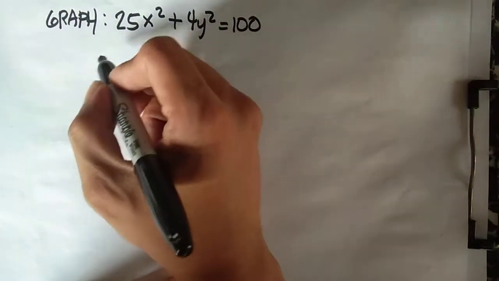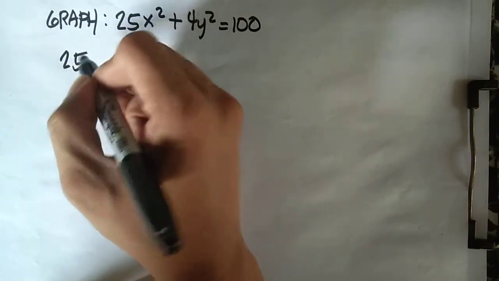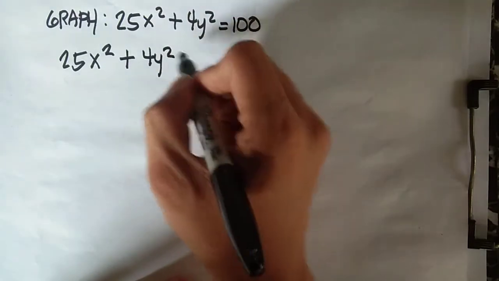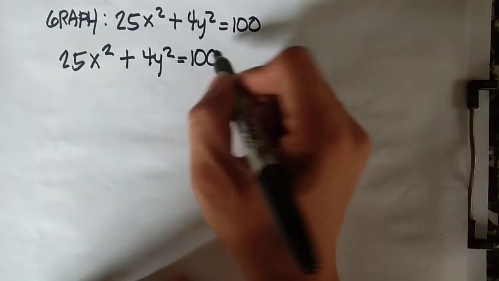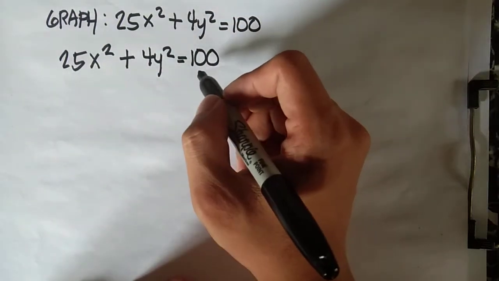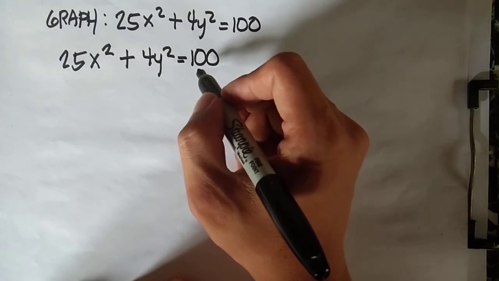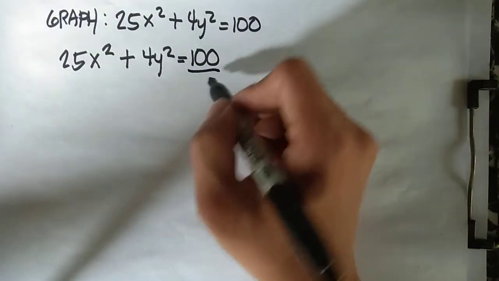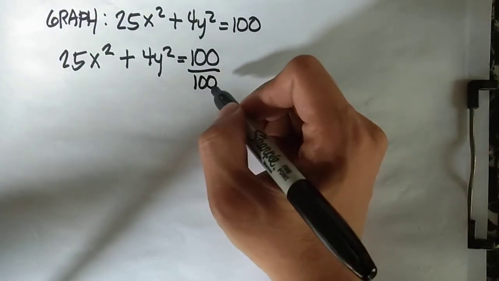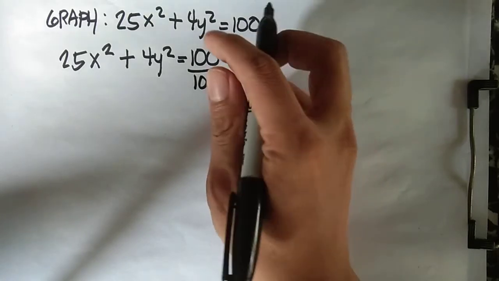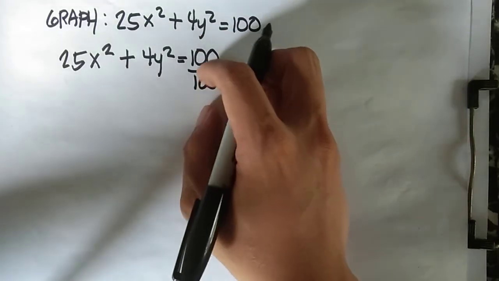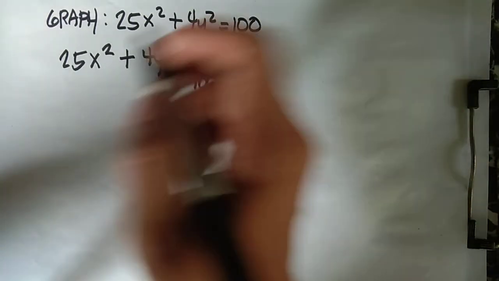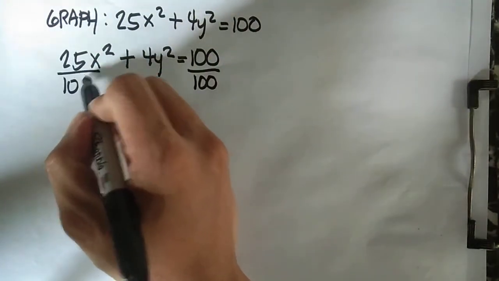So, ang gagawin natin, we just rewrite the equation that is 25x squared plus 4y squared is equals to 100, and we just divide yung ating denominator by itself para magkaroon tayo ng 1. So, once we divide 100 by 100, makukuha natin yung sagot na 1. So, we will just divide the whole equation by 100.